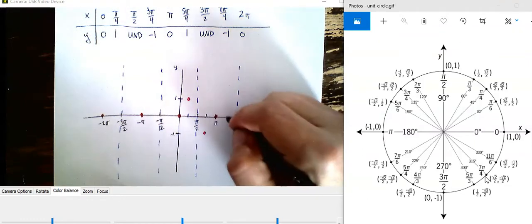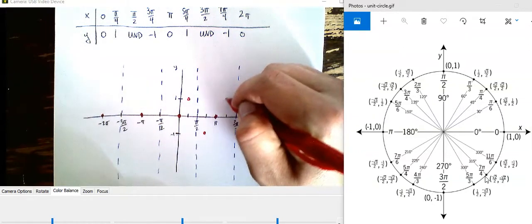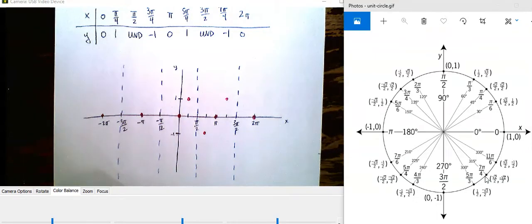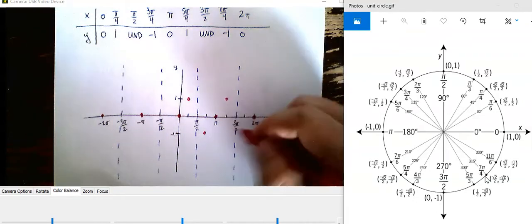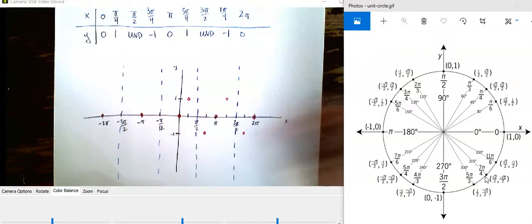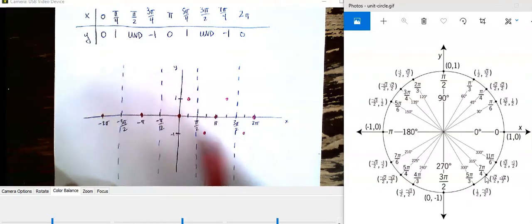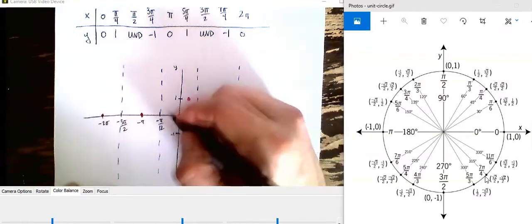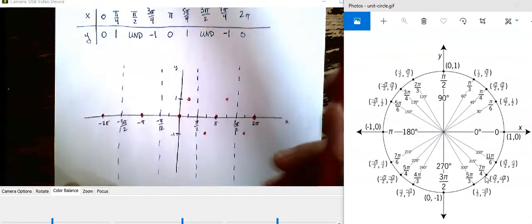At 5 pi over 4, we have a positive 1 again. And at 7 pi over 4, we have negative 1 again. So we can kind of see a trend building here. If we notice at negative pi over 4, it looks like we'll have a negative 1. That seems to be the trend.